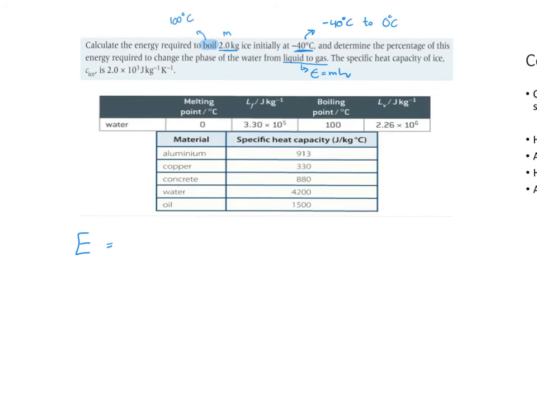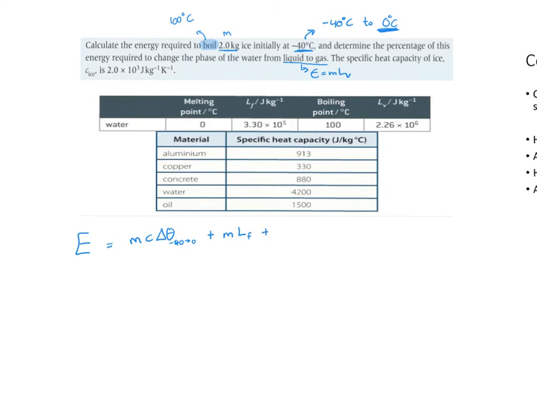So we have to use E is equal to mc change in temperature, from minus 40 degrees to 0 degrees, plus the energy while it's at 0 degrees to change phase, right? So the latent heat of fusion, because we're going from a solid to a liquid.